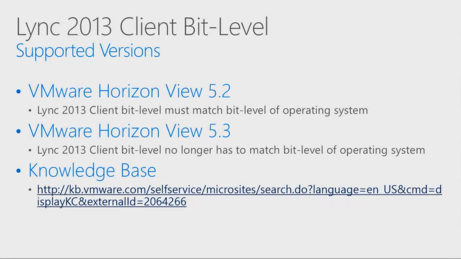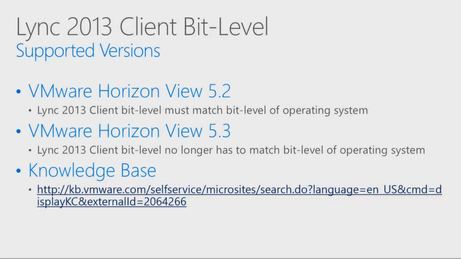If you had a 64-bit operating system, then you had to install the 64-bit version of the Lync client. Essentially, the reason for that was we made the assumption that if customers have a 64-bit operating system, they're going to install the 64-bit version of Office 2013 and thereby get the 64-bit version of the Lync client.